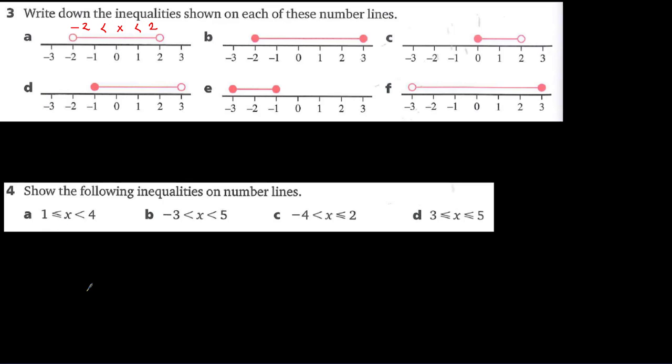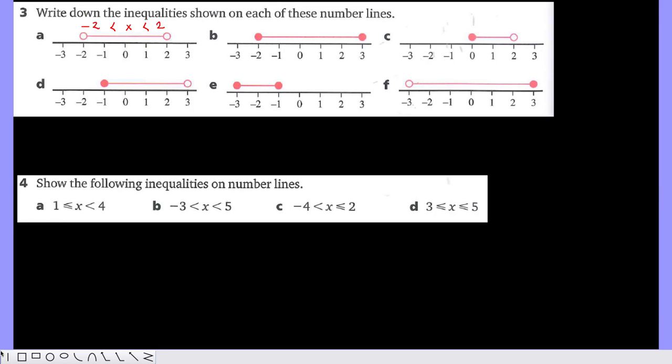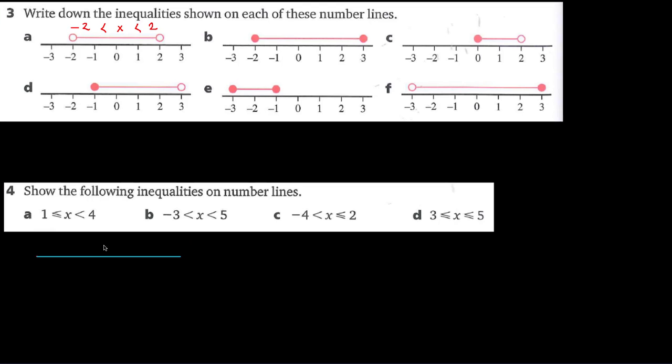What about this one? If I draw the line here quickly, here it is going to be 0, here it is minus 1, here it is 1, 2, 3, and 4.